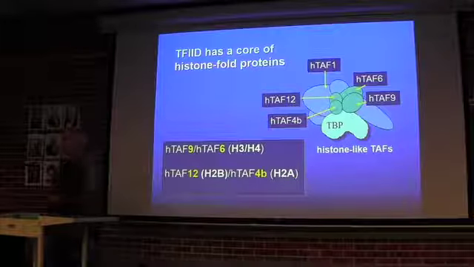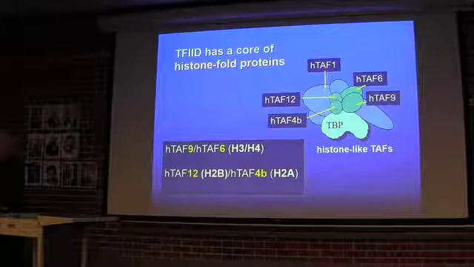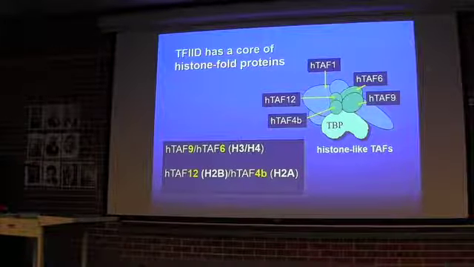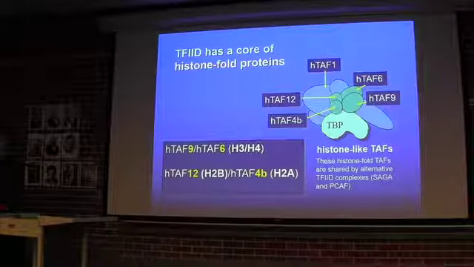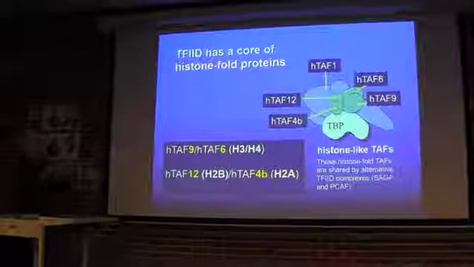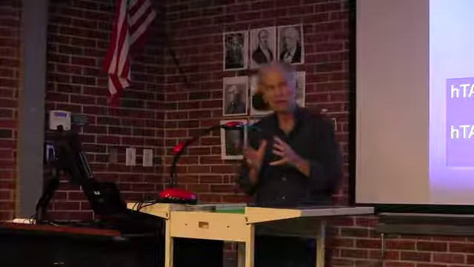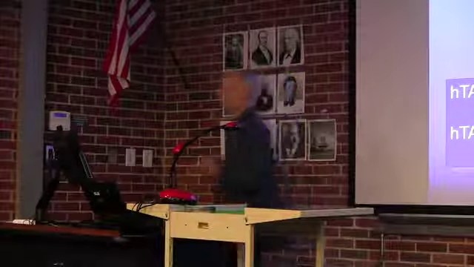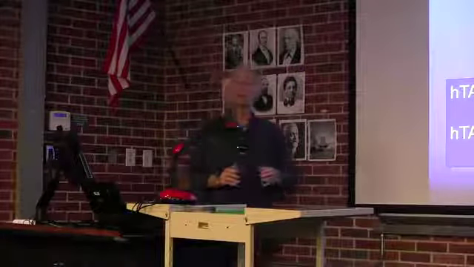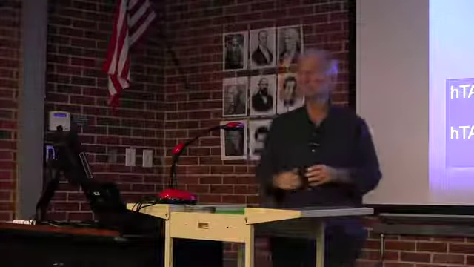There are models that suggest that. We don't seem to know fully yet. These 4 histones are what is called the core. They look like an ancient nucleosome. And these are shared by other complexes in addition to TF2D.